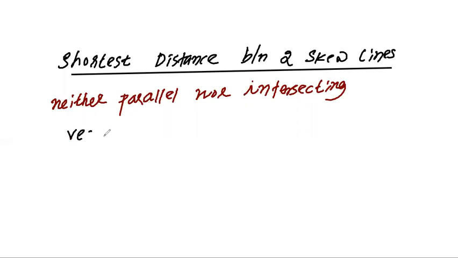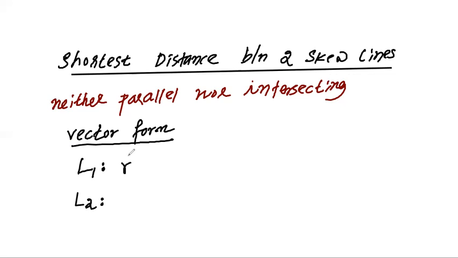Let me tell you the vector format of evaluating shortest distance between these two lines. As you know, we have two lines L1 and L2. We are going to write the method or formula to evaluate the shortest distance between two skew lines by using vector form.